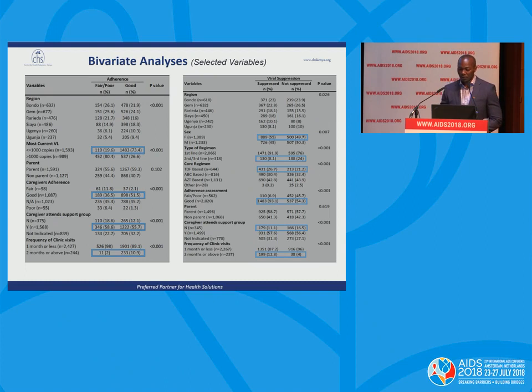For viral suppression, also by bivariate analysis, the statistically significant findings were related to gender, particularly the female gender, those who were on second-line or third-line regimens, and tenofovir-based ART regimens as a core regimen, and who had self-reported good adherence, as well as attendance of support groups by the caregivers and frequency of clinic visits.